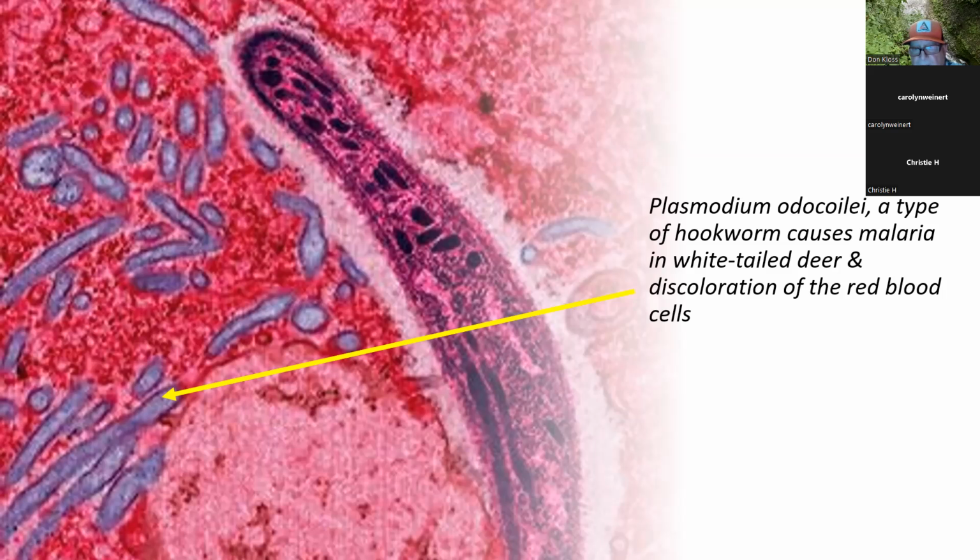When they have done research on these, they have found, like what you see here, it causes discoloration of the red blood cells. What you see here, the blue, that's the Plasmodium. And where you see the pinkish areas and the light pink areas, that's where it has discolored red blood cells.